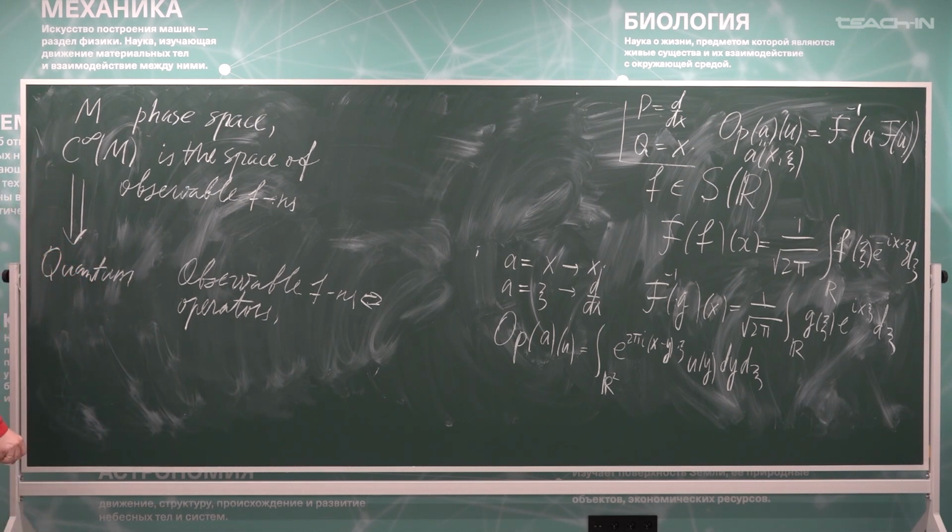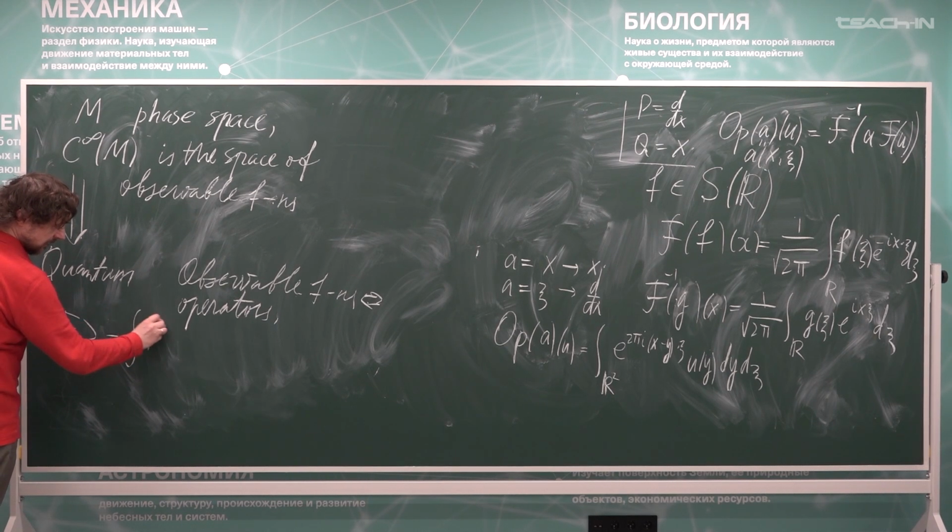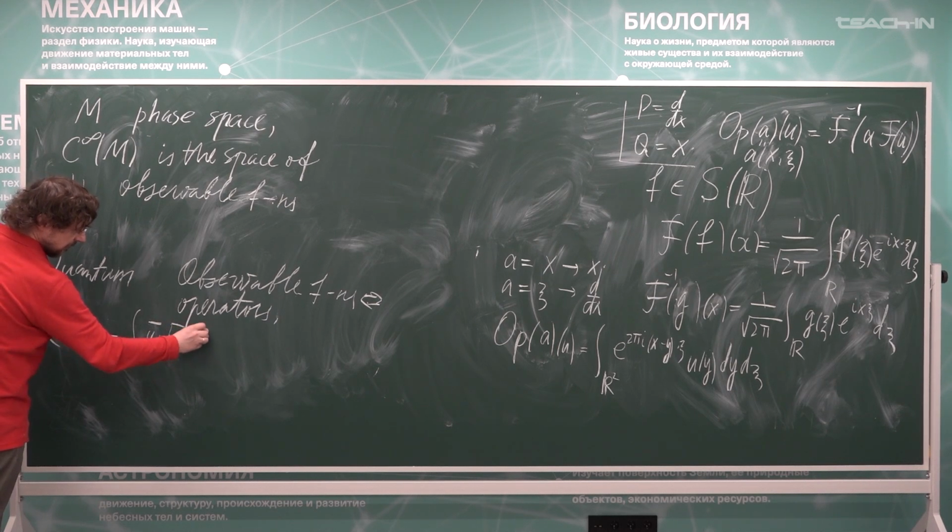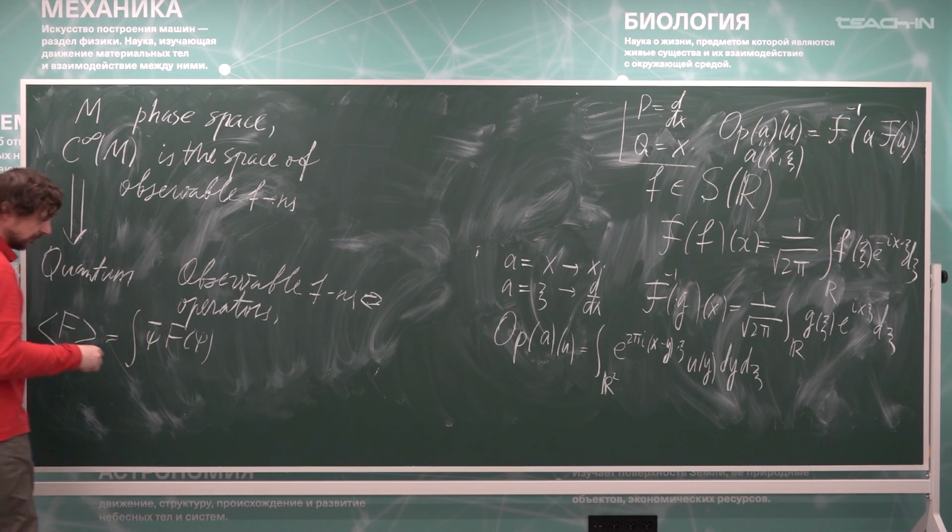So one can ask, what should be the image of real-valued functions, real-valued observables? Now, as I explained, the average mean value of functions can be restored as this kind of thing, with this mean value of the operator.